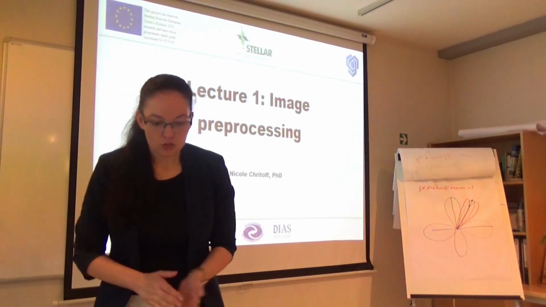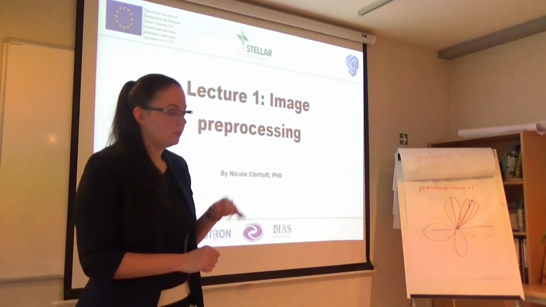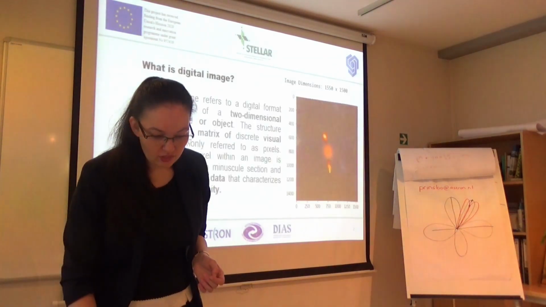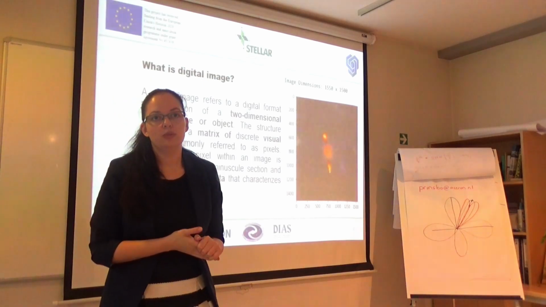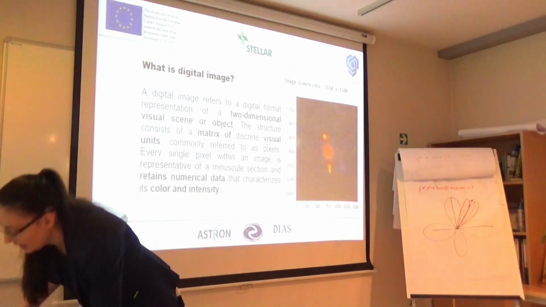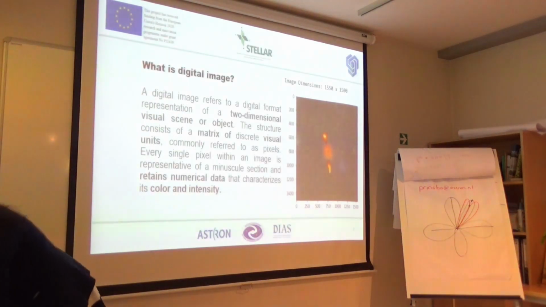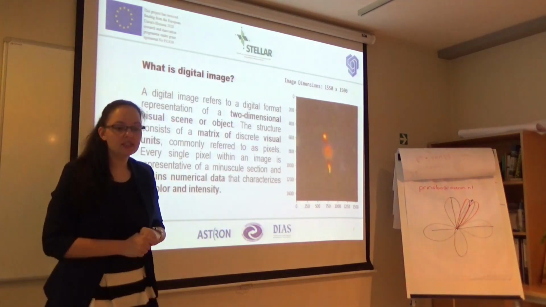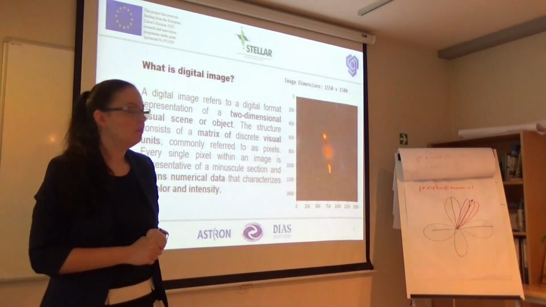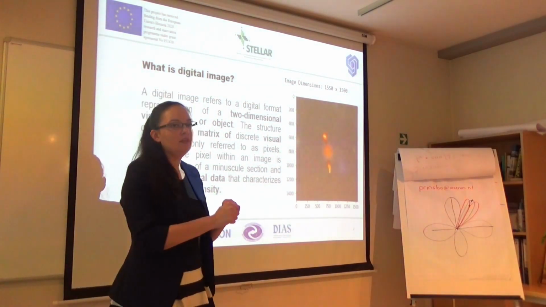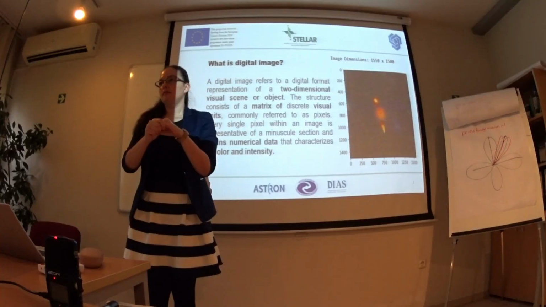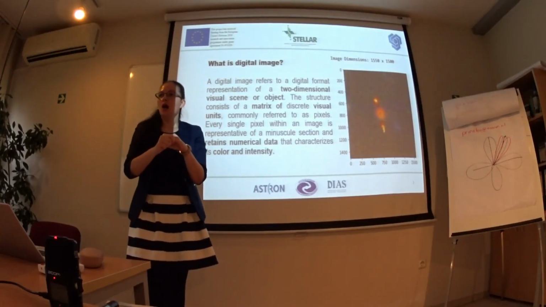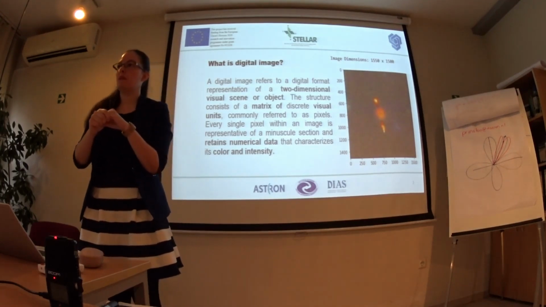Okay? So today I will start with the beginning of image processing. And let's start with the question, what is an image? Yes, there is a small text here, but how many images can we have? Do you know? How many types?